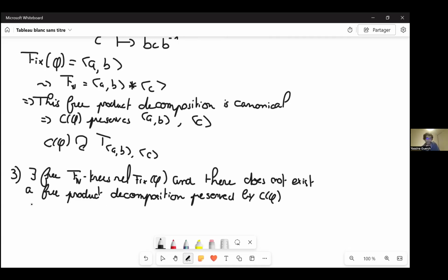So this case is just, for instance, the Fibonacci automorphism that we discussed in the first part of the talk. So this case is the trickiest.